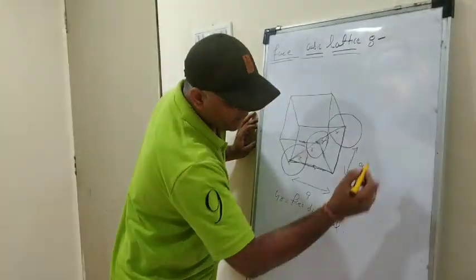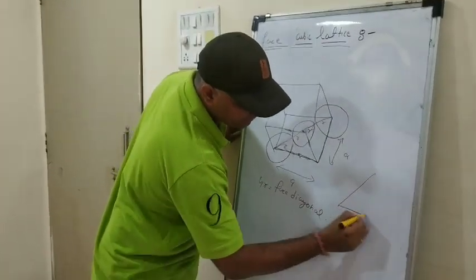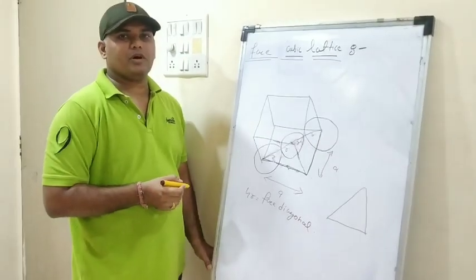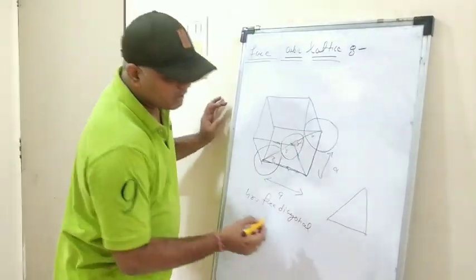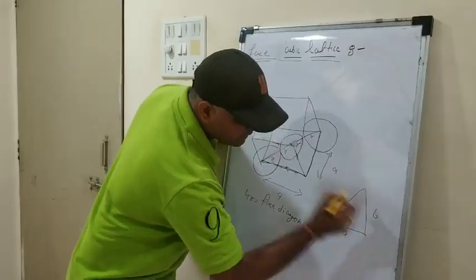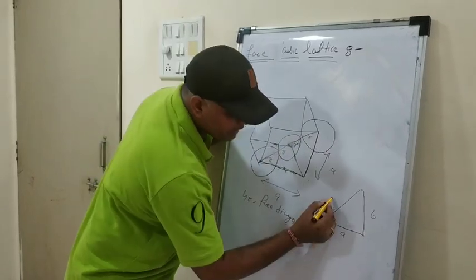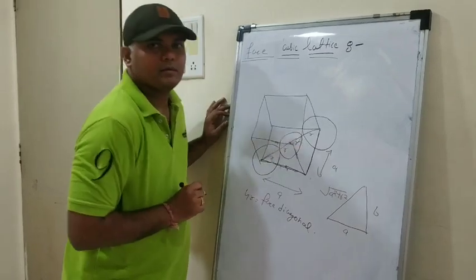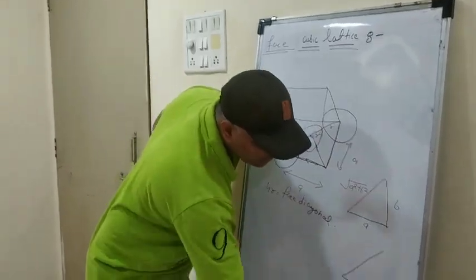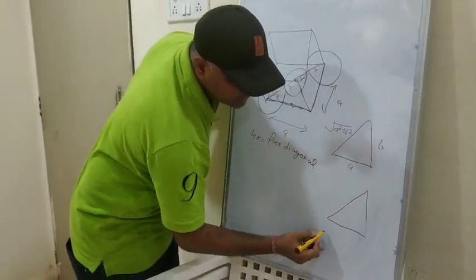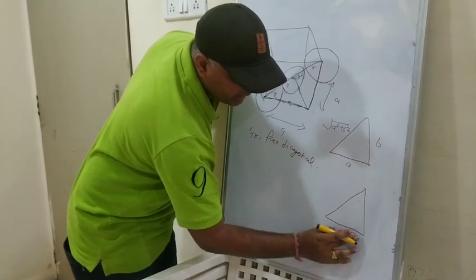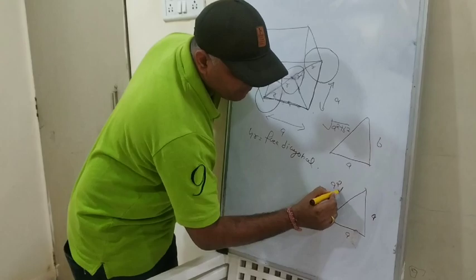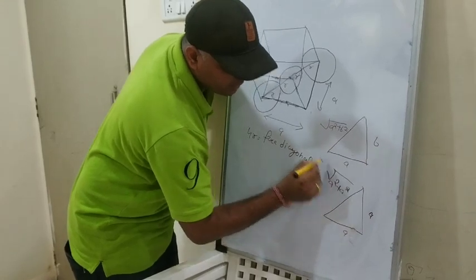You might be knowing this theorem. What is this theorem? Pythagoras theorem, right? In the Pythagoras theorem, one side is A, the other side is B. That means the hypotenuse will be the square root of A square plus B square. So similarly, what is the situation over here? Over here, this is A, this is A, so it will be A square plus A square, right?